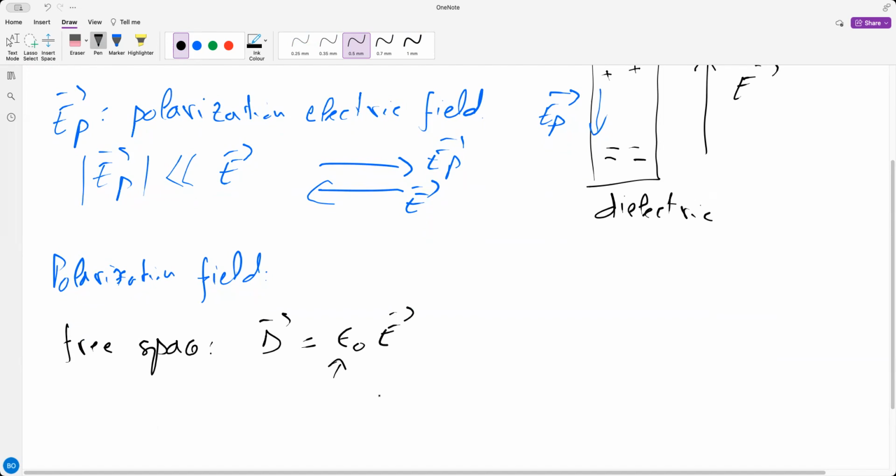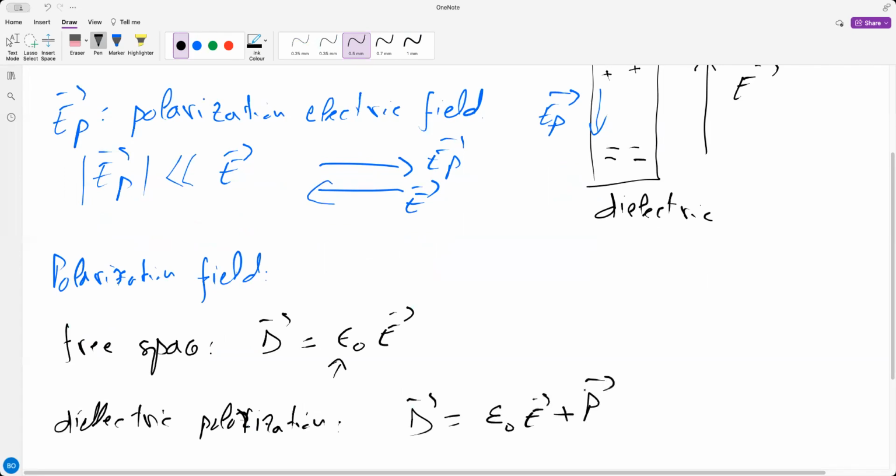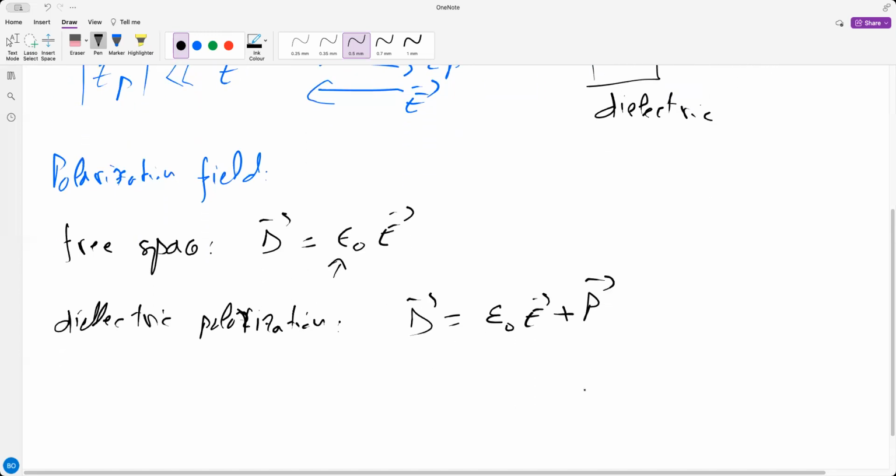Okay. Now, in the presence of dielectric polarization, we have, in addition to that, a polarization field that is added to the total field, of course, because the total will be the vectorial sum of the two fields.